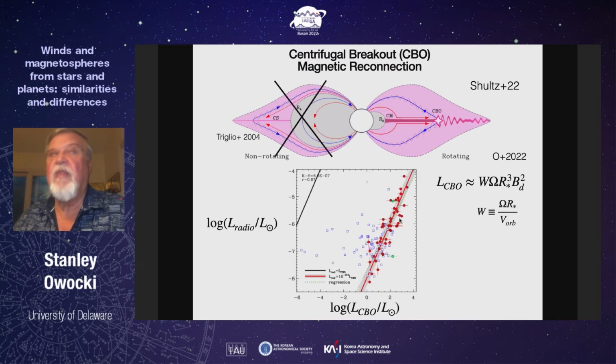And then when you compare that to the radio emission, it turns out that the radio emission is directly proportional to this centrifugal breakout luminosity, with a reduction factor of about 10 to the 8th. That is, only 10 to the minus 8th of the energy actually ends up in emitting radio. The rest goes into other loss mechanisms. But the fact that they're so strongly proportional suggests strongly that centrifugal breakout is the key mechanism for radio emission from these magnetospheres.